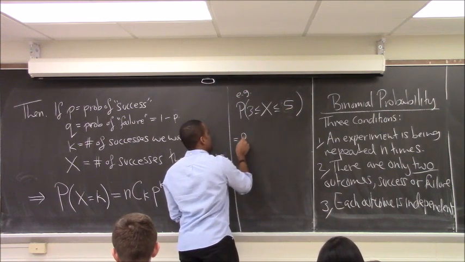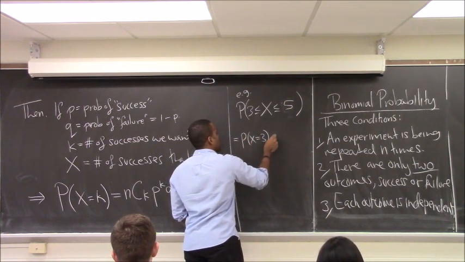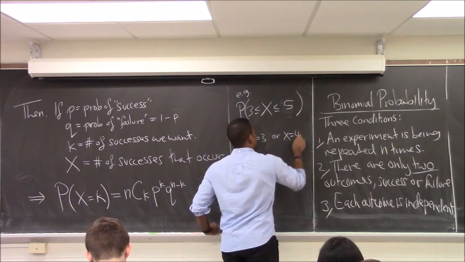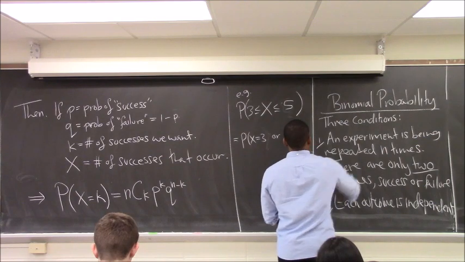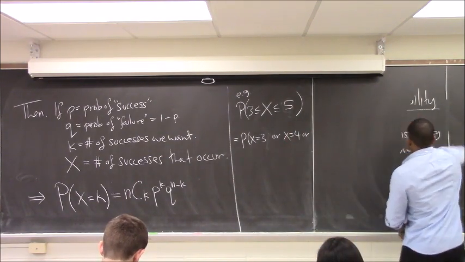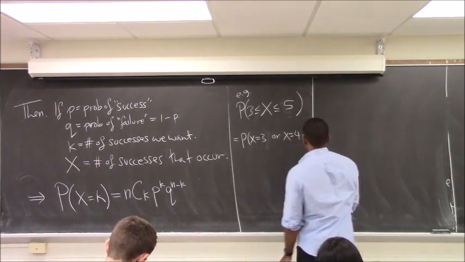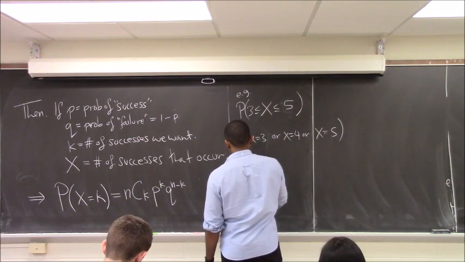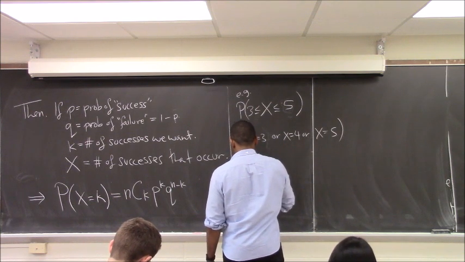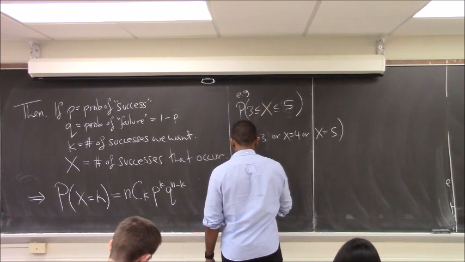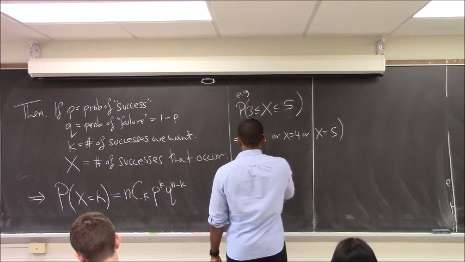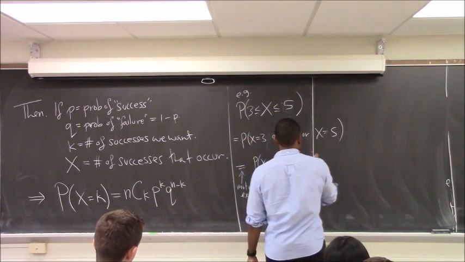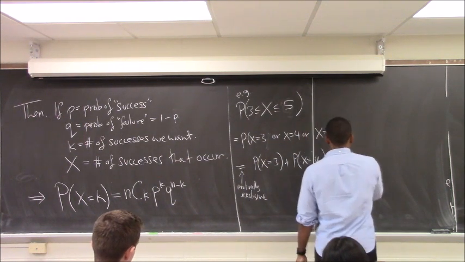Well, that means he would make 3, X equals 3, or X equals 4, or X equals 5, which here we automatically have mutually exclusive. This is the probability that X equals 3 plus the probability that X equals 4 plus the probability that X equals 5.